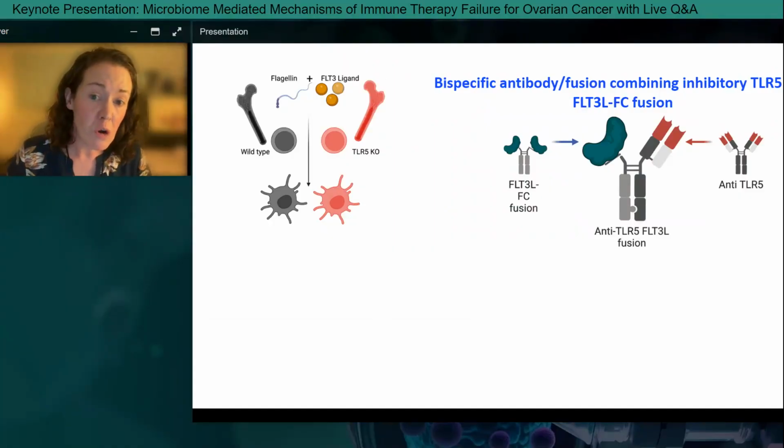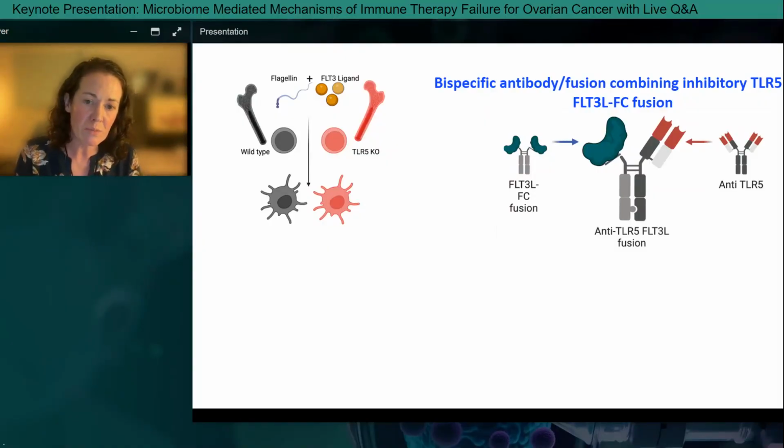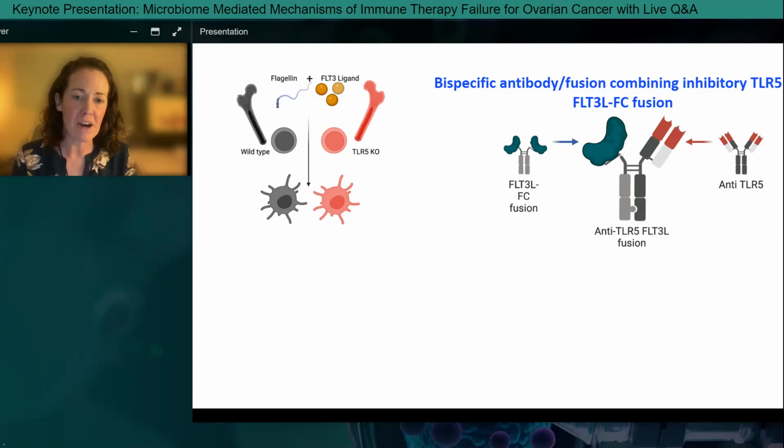One way that we're hoping to leverage this new data, in addition to making it a little bit more specific, is to combine DC expanding therapies with TLR5 inhibition by making a bispecific antibody that's fused with the FLT3 ligand in addition to the TLR5 blockade.